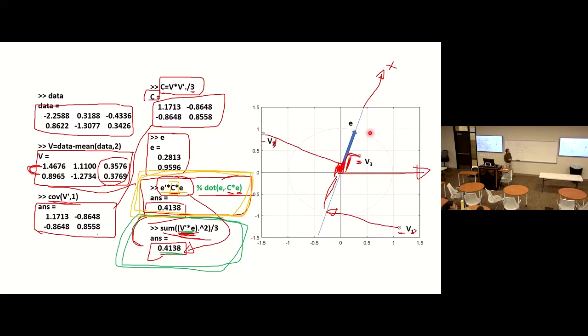So using this new direction, I need to compute the projection of my data points on it. If V1 was here, then its original projection on this system was this long, but now I need to project on my new axis here, so the projection becomes this long.